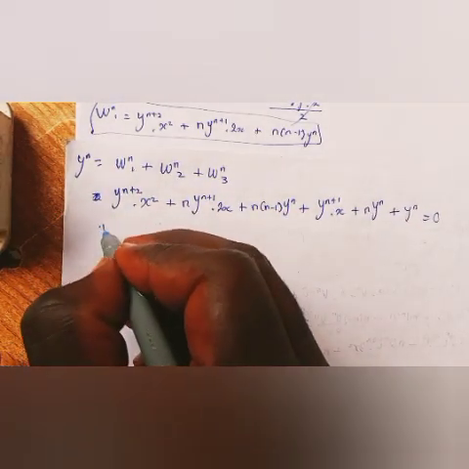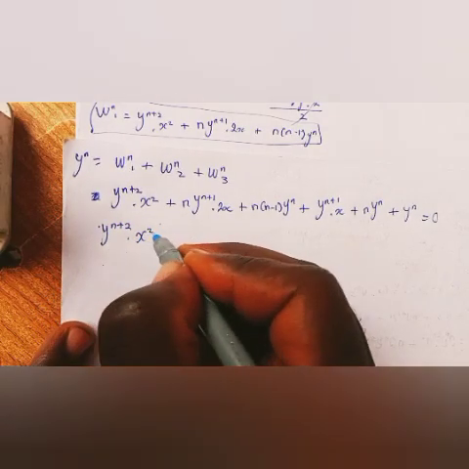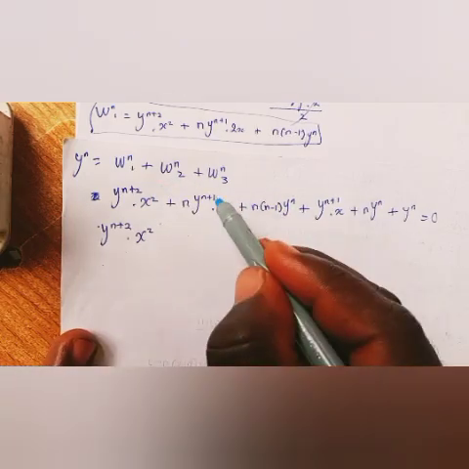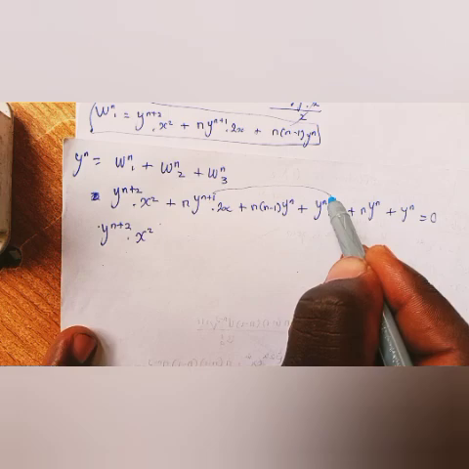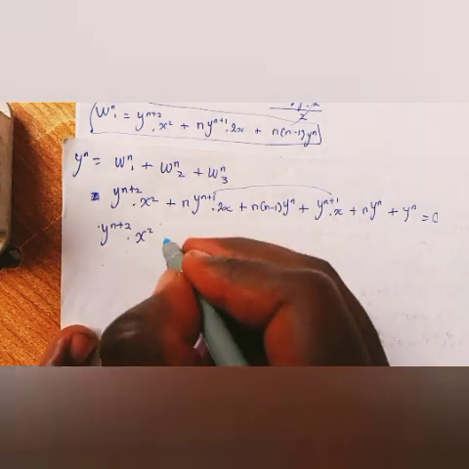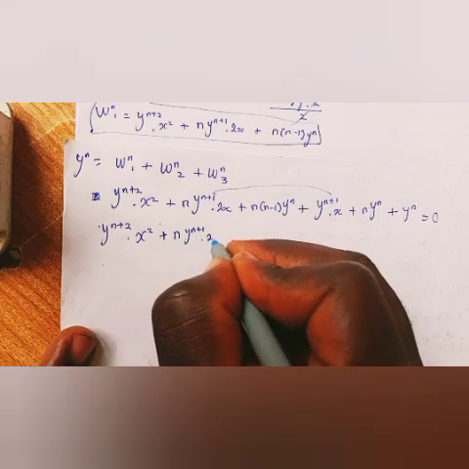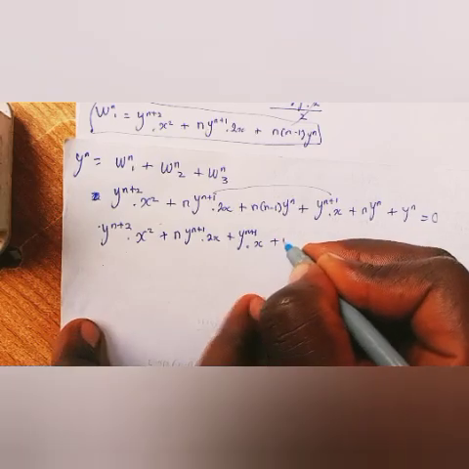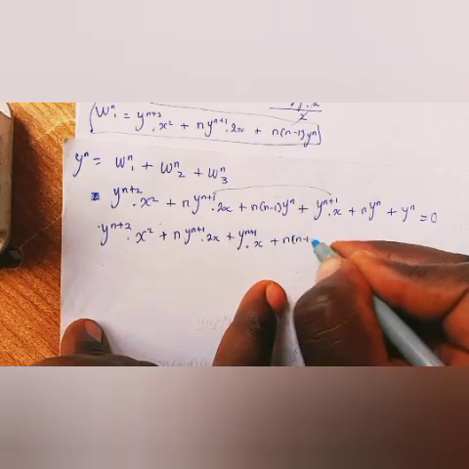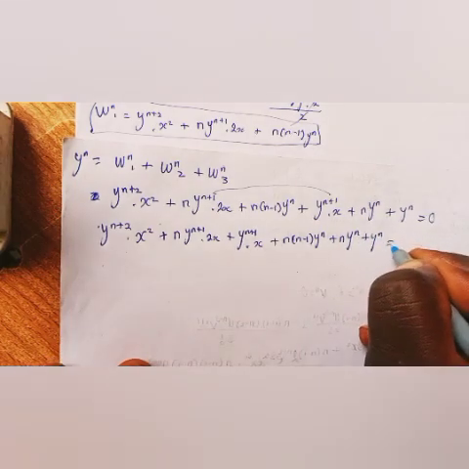Now, in this aspect, we are using the power to factorize. So as you can see, we have n plus 1 here, and there is another n plus 1 here. Do you get? So if I bring those two together, I will have (n+1) dot 2x plus, y^(n+1) dot x plus n(n-1) yⁿ plus yⁿ plus yⁿ equals 0.